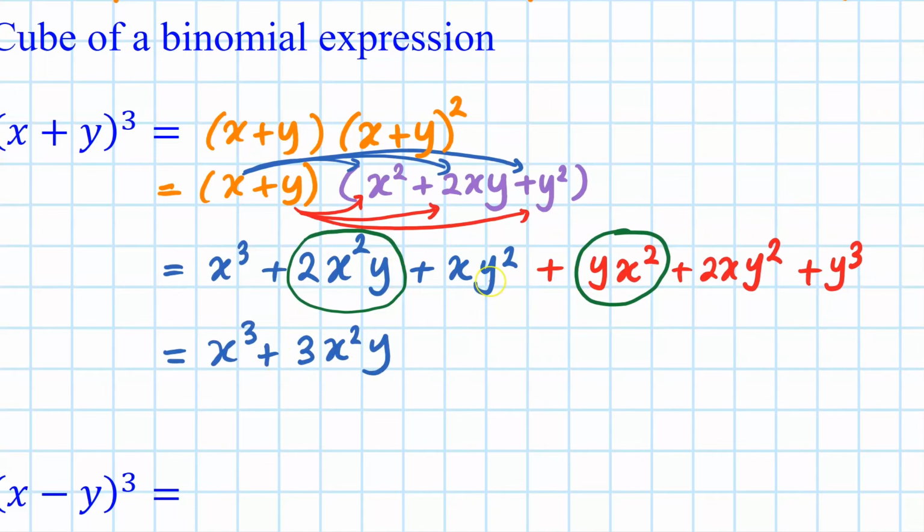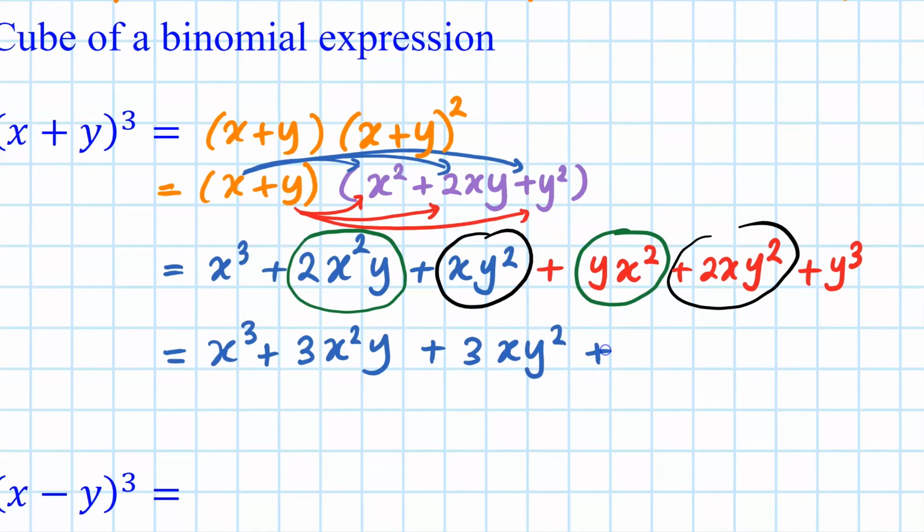And then we look at the next like term, xy squared, as well as 2 of them, xy squared. Therefore we can write altogether 3 xy squared, and at the end we have y cube.